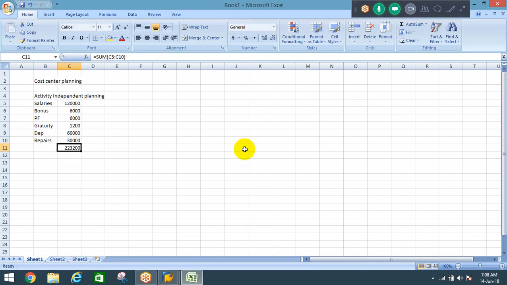This is the expenditure we planned, and this is input planning.